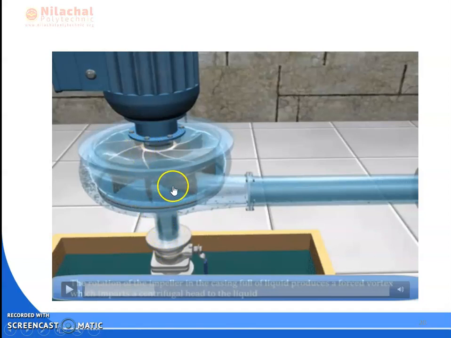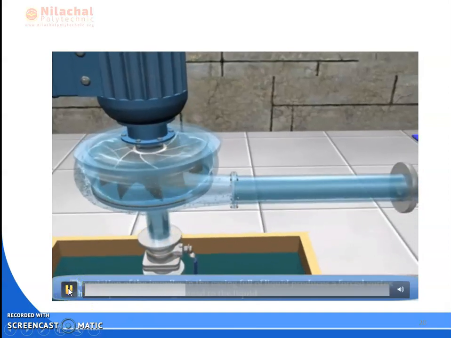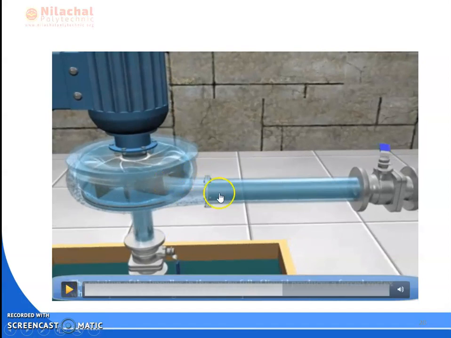From the backward vane the water will move, and from the casing it will be discharged. This is the discharge side, this is the inflow side, this is the outflow side, this is the sump, this is the suction pipe, this is the delivery pipe. You can see the function. Water will come out through the delivery pipe.